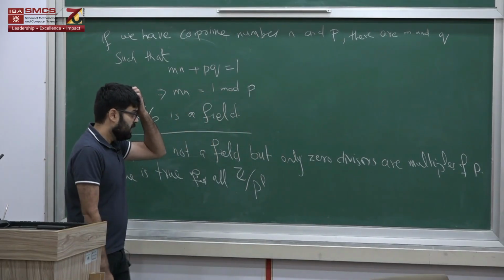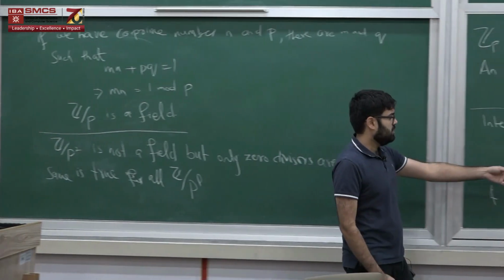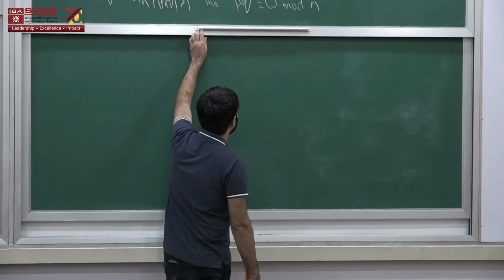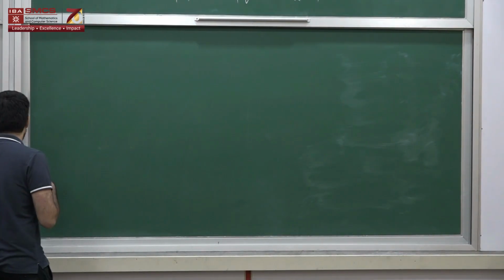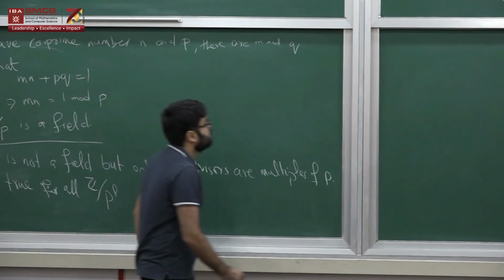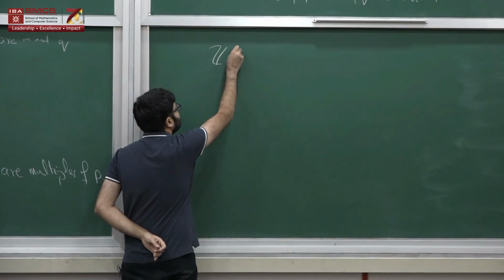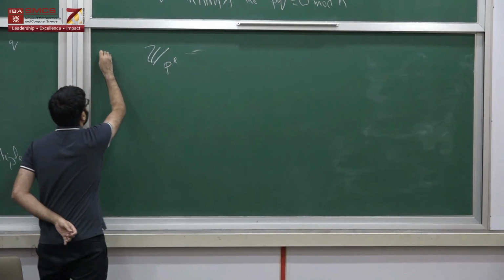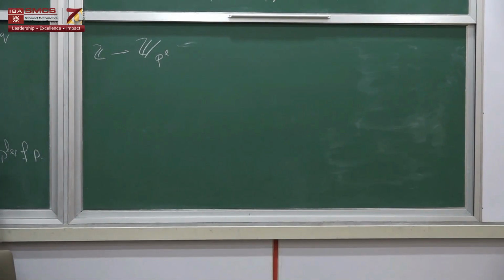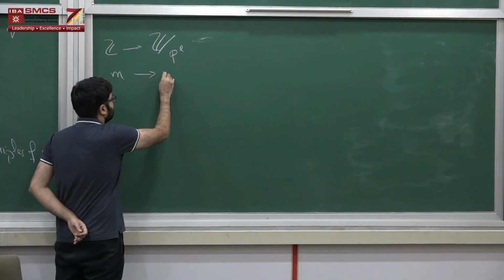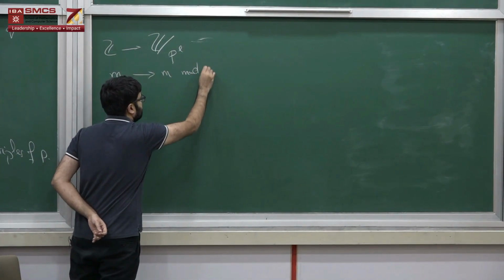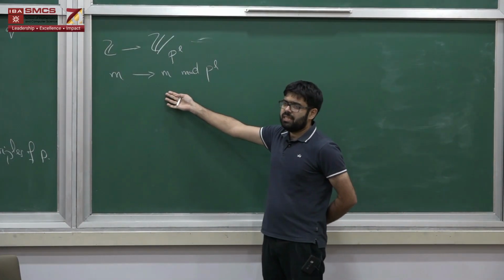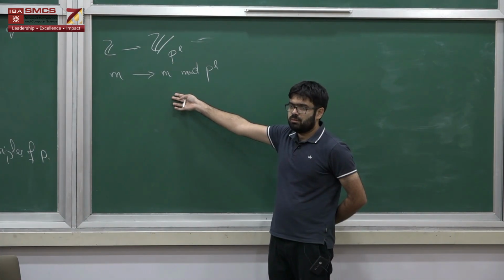Okay. So this operation, we have a map, and an integer m goes to m mod p to the L. And so the question I want to ask is, does this map make sense for rational numbers?